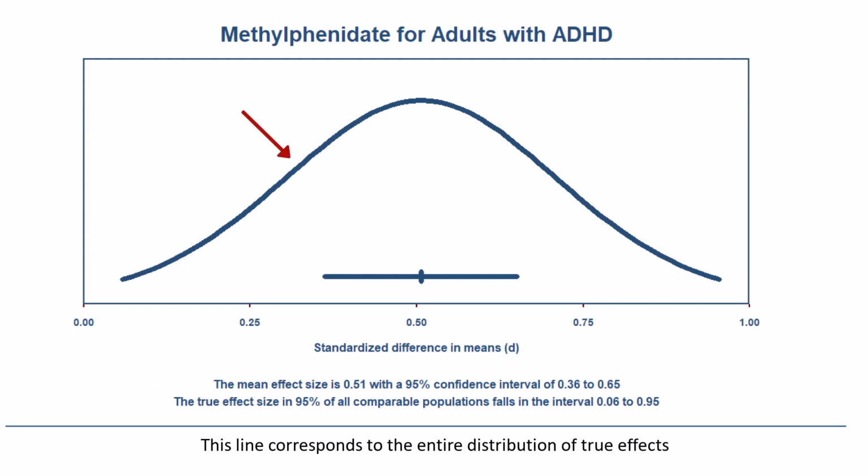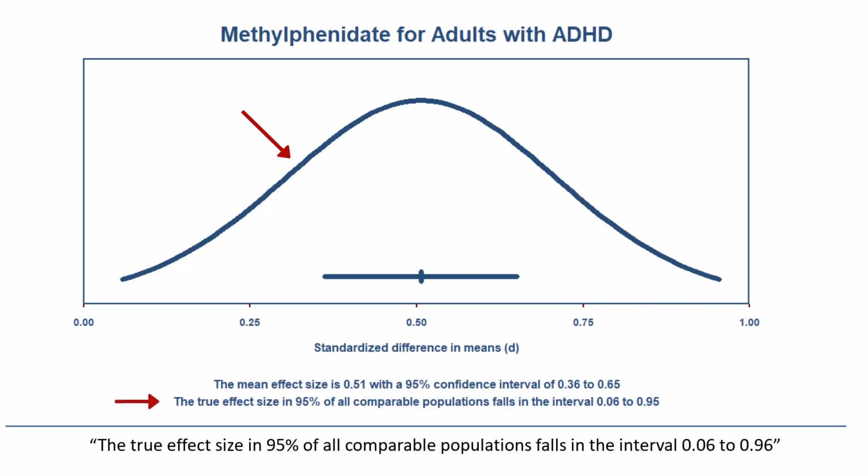This line corresponds to the entire distribution of true effects, and the endpoints of this line correspond to the prediction interval. This is explained in this caption, which reads, the true effect size in 95% of all comparable populations falls in the interval 0.06 to 0.96.